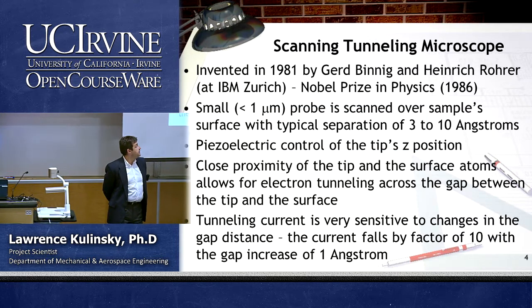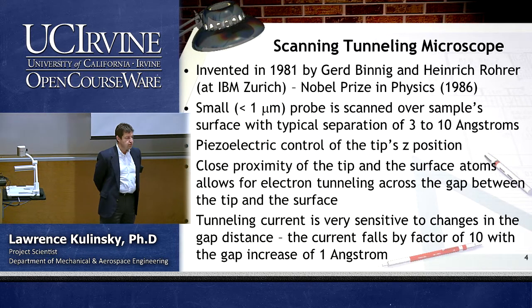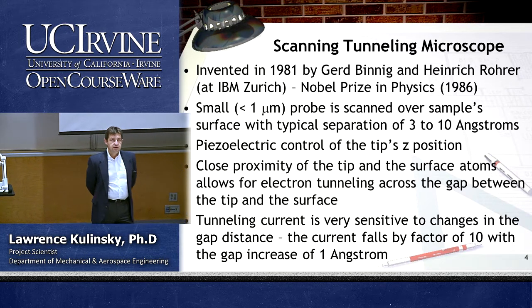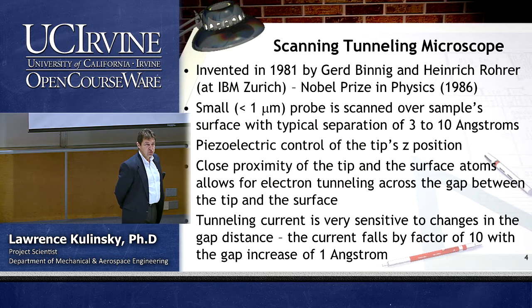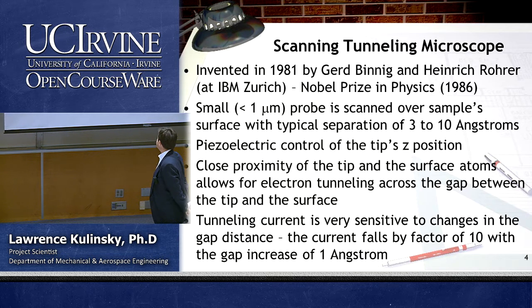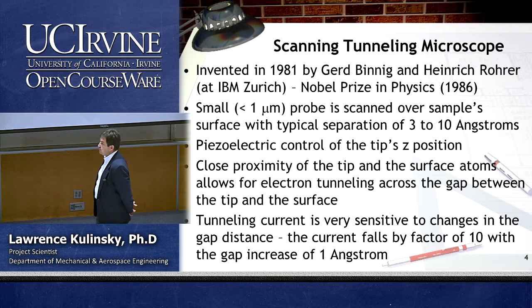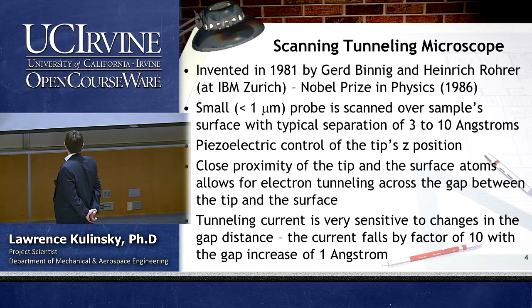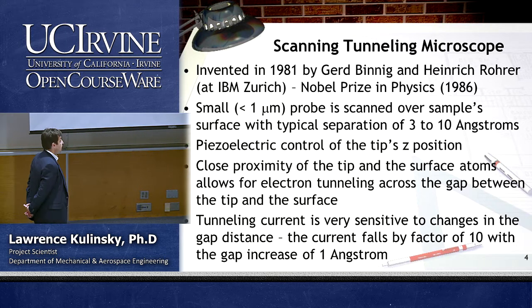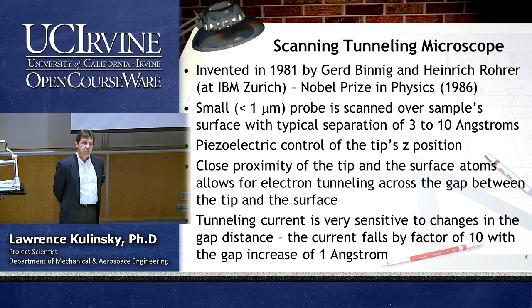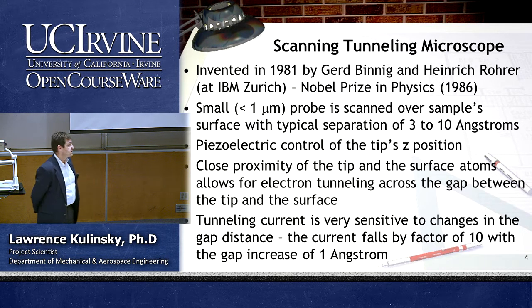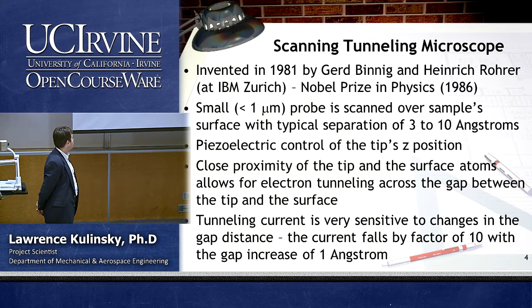So the scanning tunneling microscope, the first real breakthrough in proximal probe tools, was invented in 1981 by Gerd Binnig and Heinrich Rohrer at IBM Zurich, the discovery for which they received the Nobel Prize in Physics in 1986.